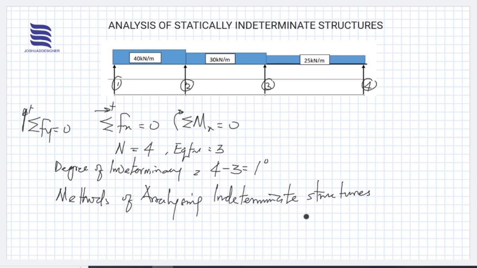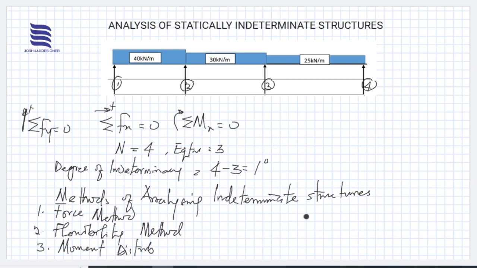The first method is the flexibility method, as said. Then we have the moment distribution method, otherwise known as the Hardy Cross method.